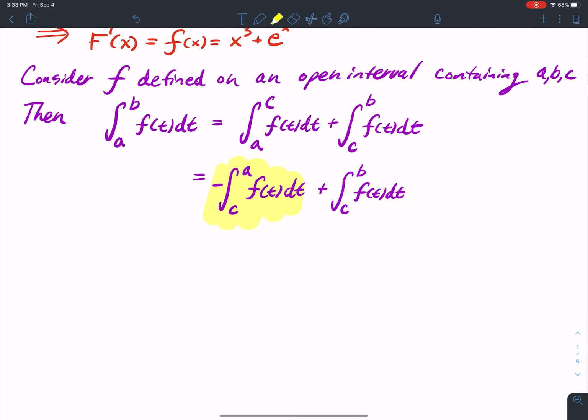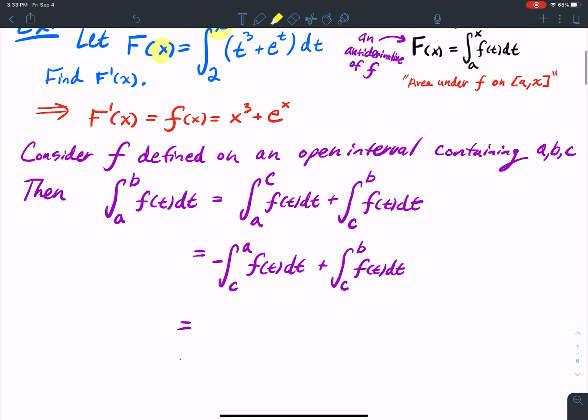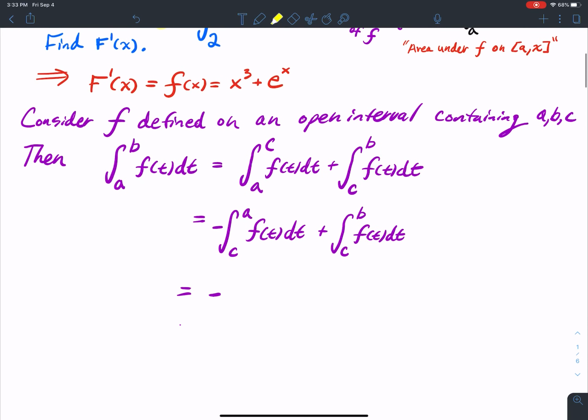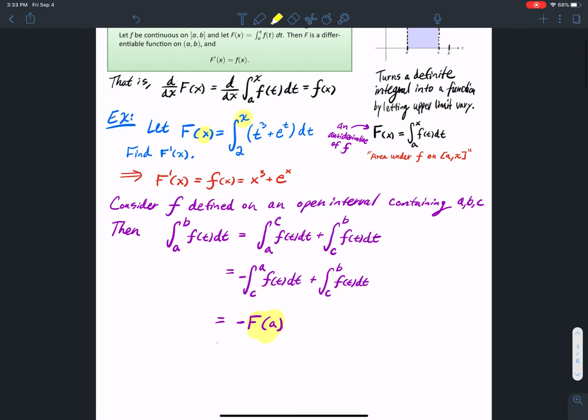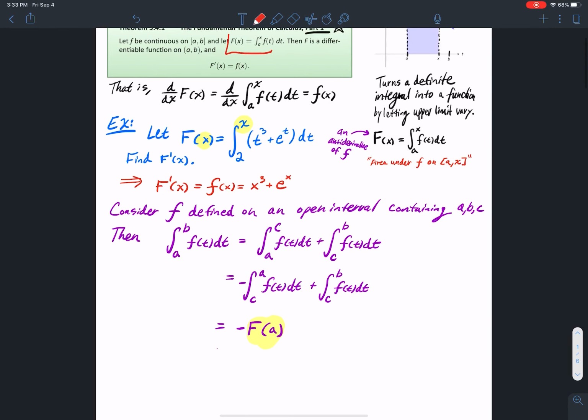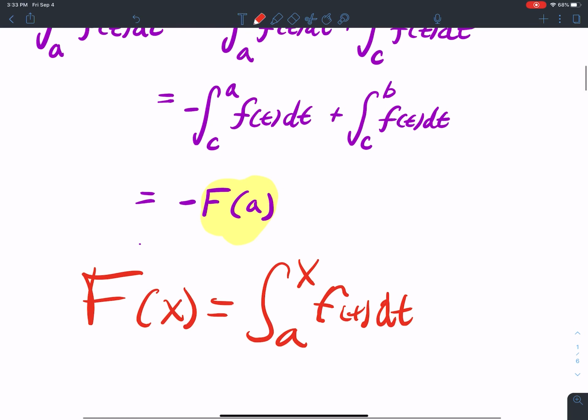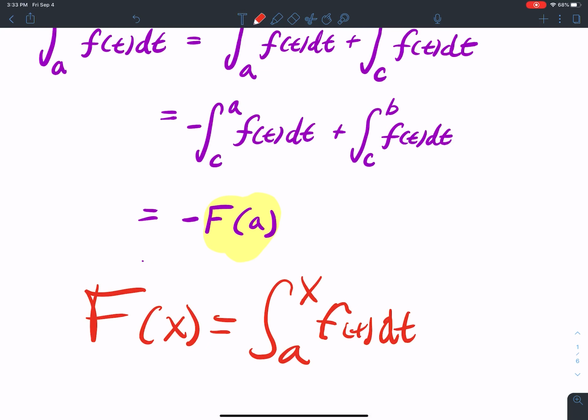I'm going to use the definition that I had here. Okay. So the antiderivative F of x equals the integral from a to x of f of t dt, right? So what is this? This is the integral from a number a to x.